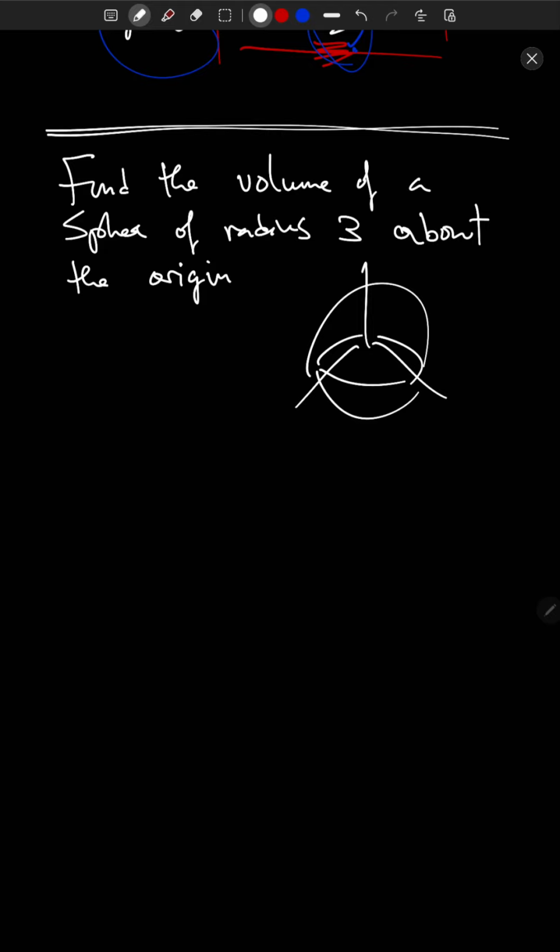Since this is a sphere, let's make our lives a little easier and only do the upper hemisphere, and then we'll double our answer. We're not actually going to calculate it, but that's what we would do. So the volume is going to be 2 times this integral, just the upper hemisphere.